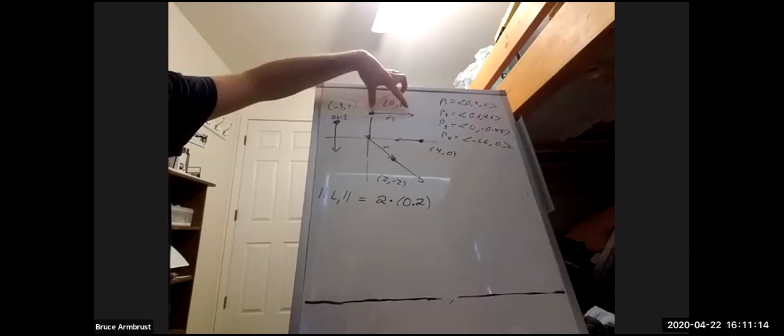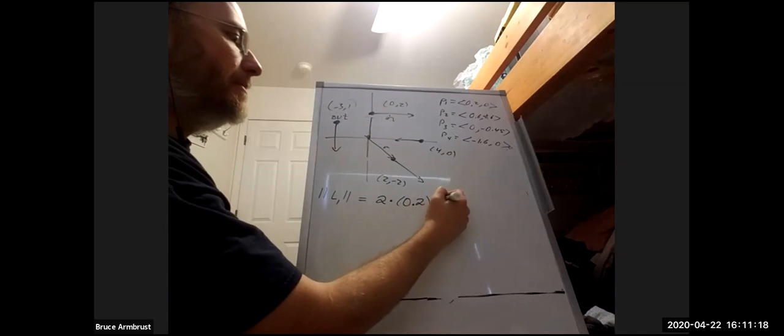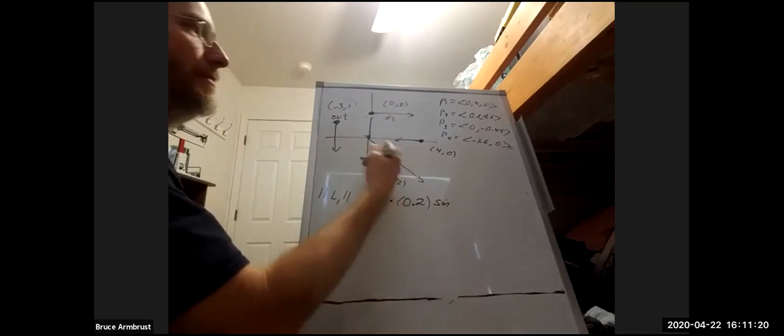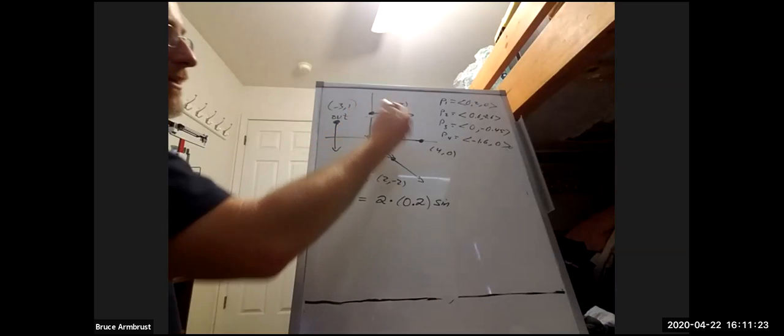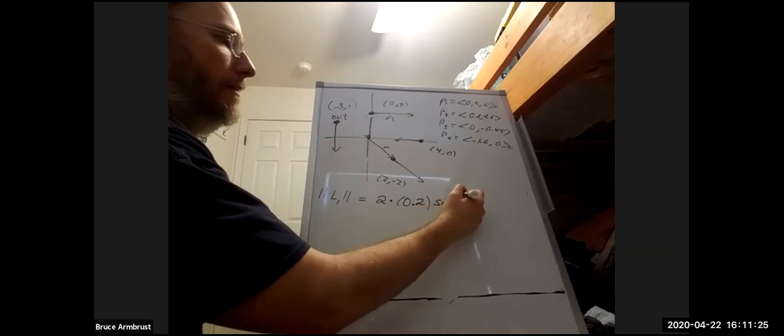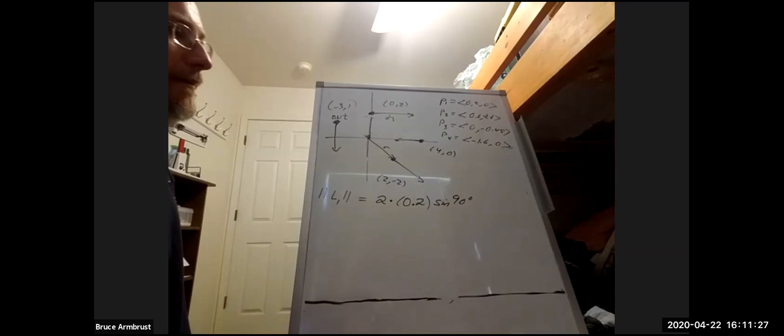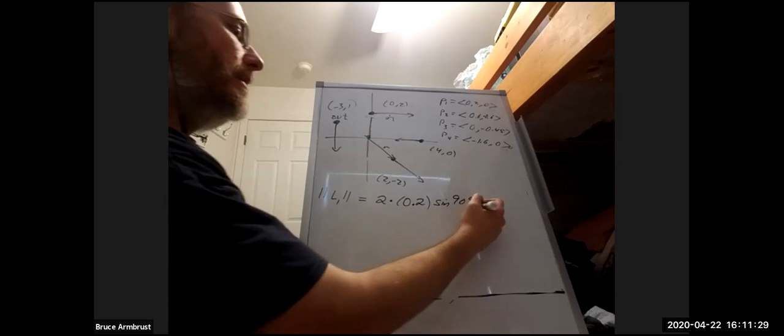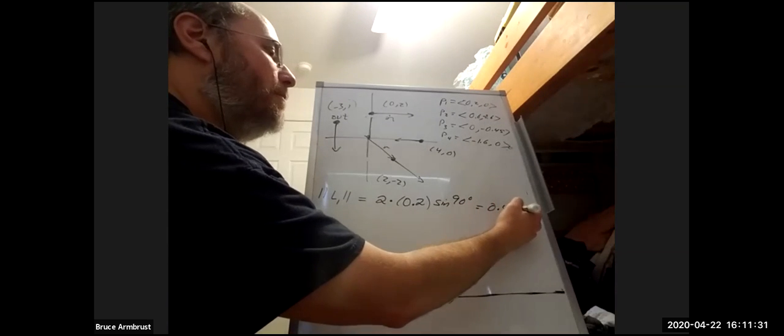It was length 2, but I multiplied by its mass. And then we need to multiply by the sine of the angle in between them. But these things are perpendicular, and so the sine of 90, of course, is 1. So this gives us 0.4.